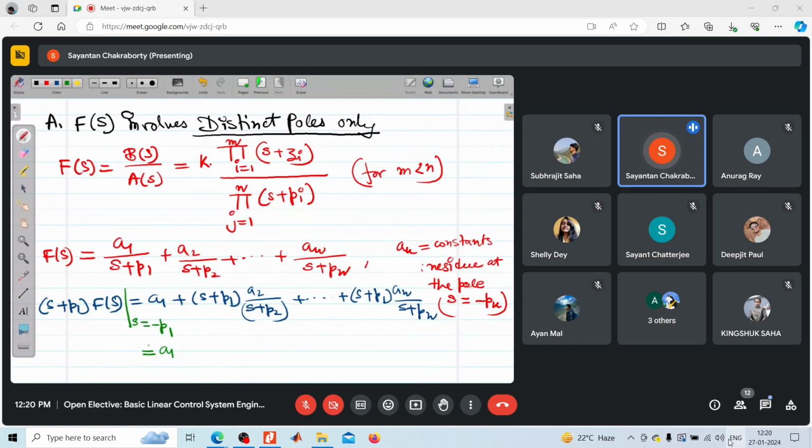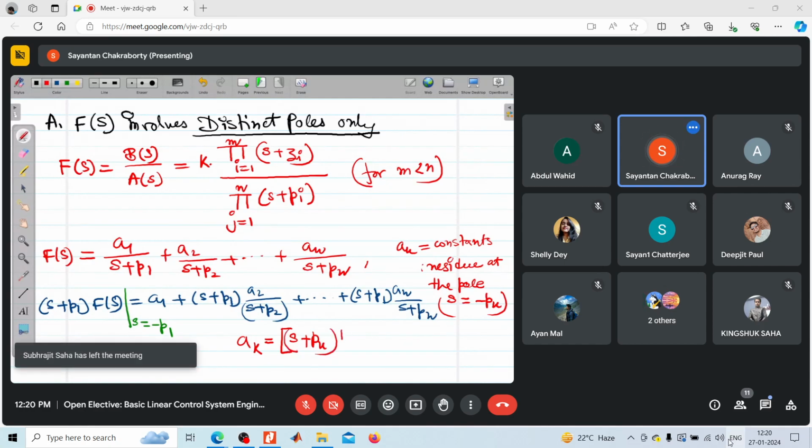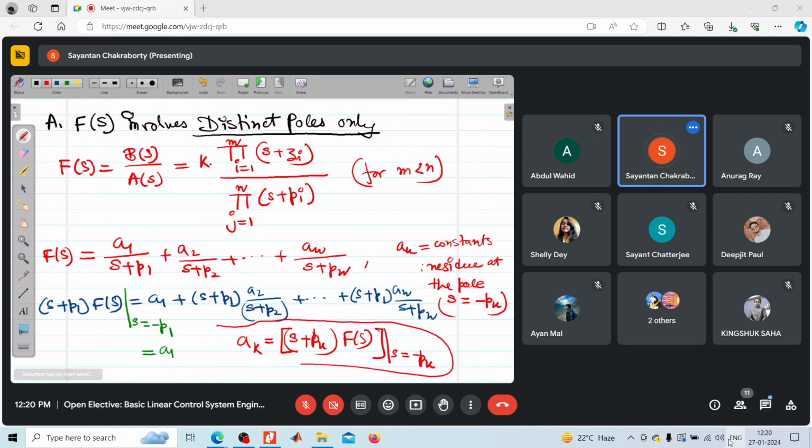So in a nutshell, any value ak can be calculated as (s plus pk) times F(s), calculated at s equal to minus pk. By this way, you can calculate each and every value of a1, a2 up to an.